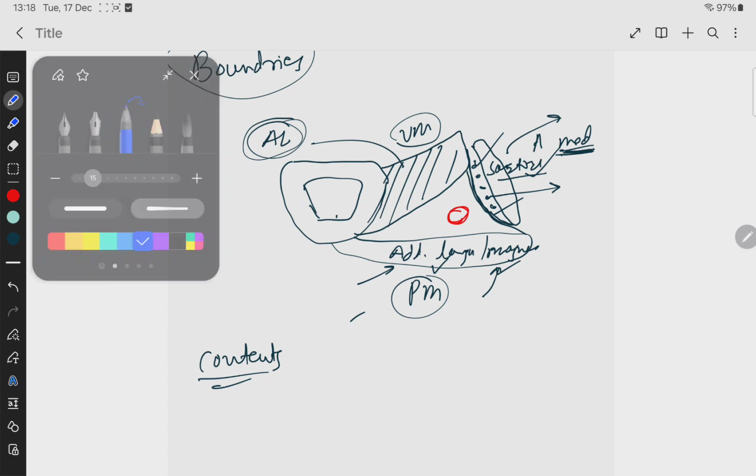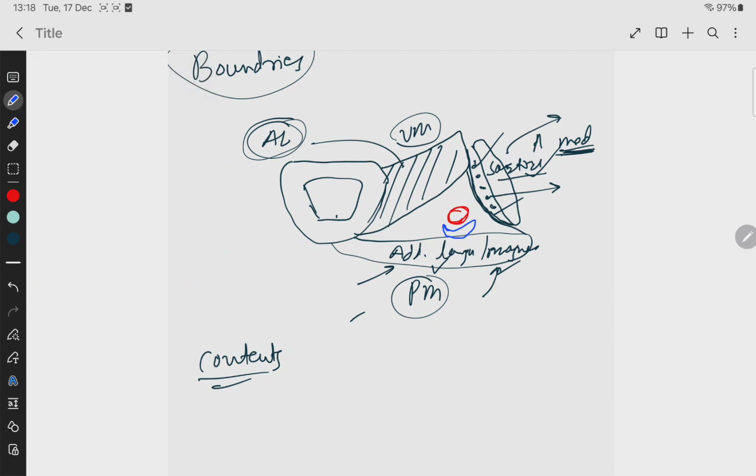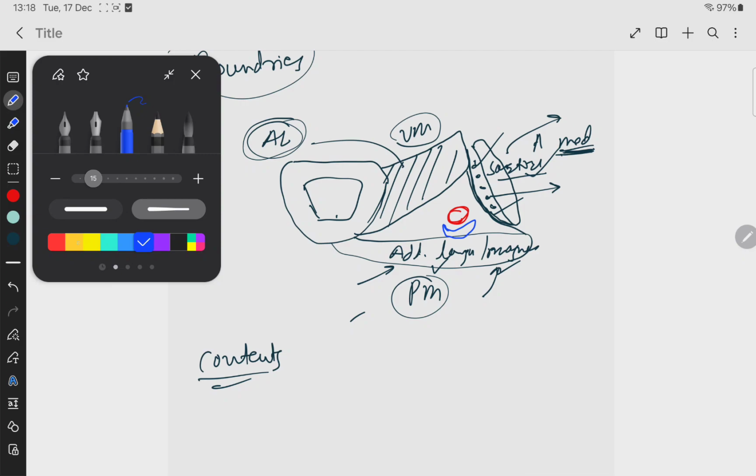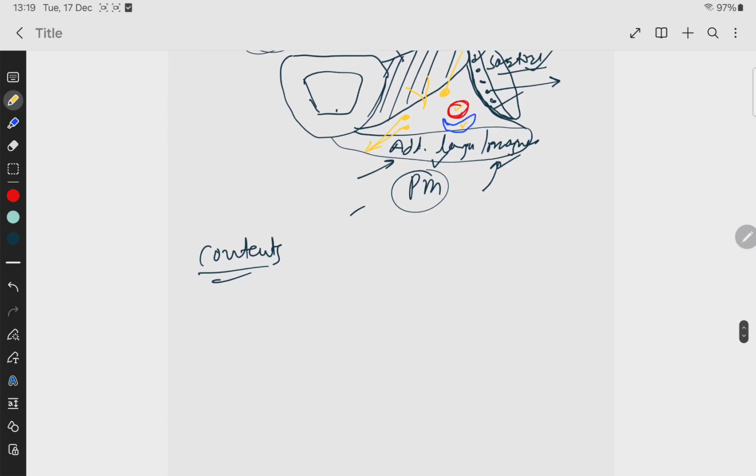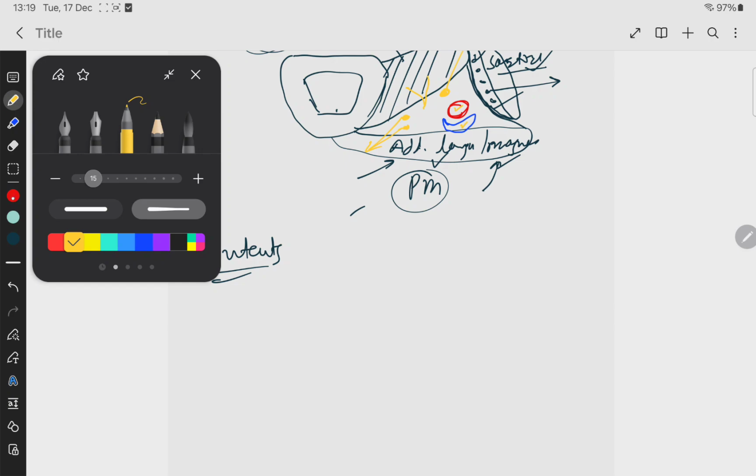Deep to this artery lie the femoral vein and the saphenous nerve, the anterior and posterior divisions of the obturator nerve, and the nerve to vastus medialis. Then the femoral artery and the femoral vein behind it. If we say anterior to posterior, the structures are like this.